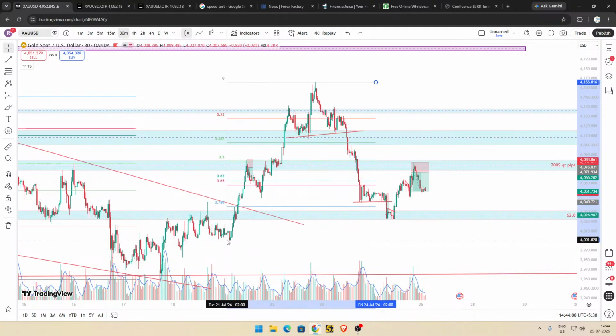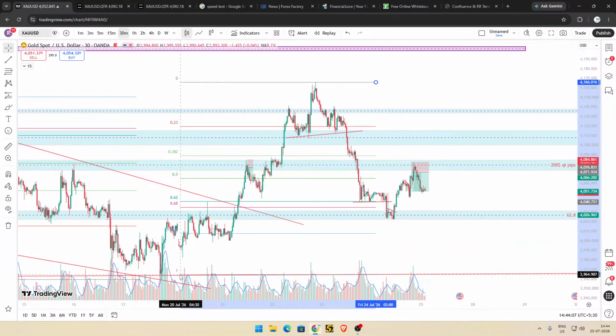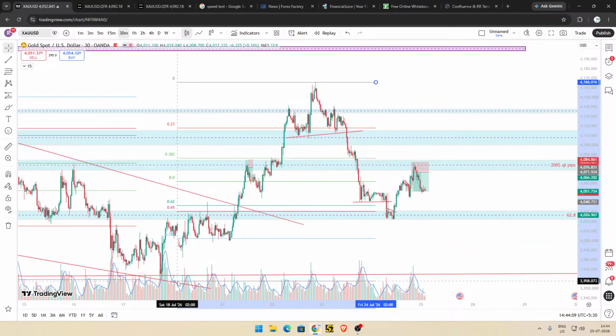It touched the 50% area, and also from below, if you see here, a three Fibonacci cluster is there.